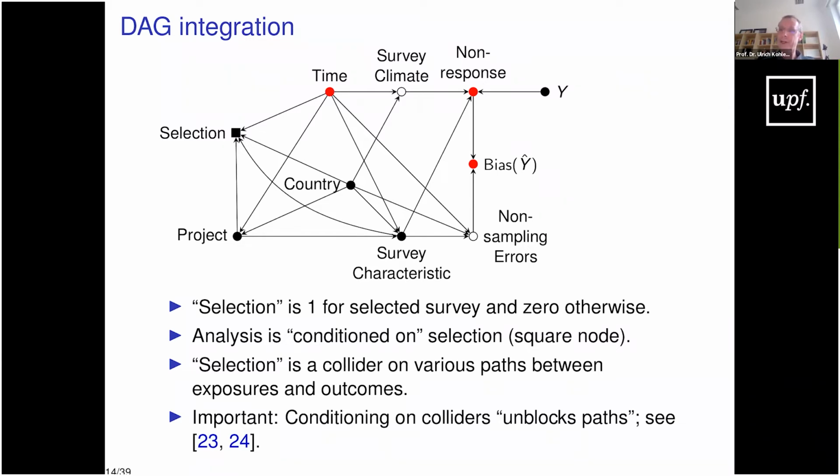A collider variable is a variable that blocks all associations. So normally no statistical association will be transported through these paths. But if you condition an analysis on a collider variable, the path will get opened, and that means there is an association running through that path. So because we condition on selection, there will be a statistical association between time and non-response that is due to a causal process that goes on this path.